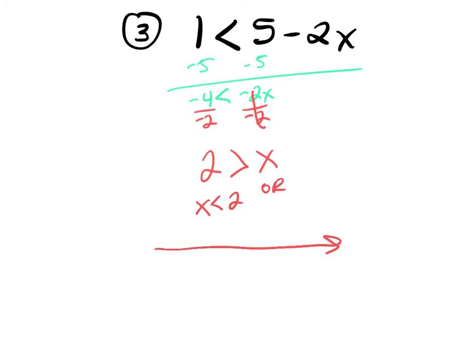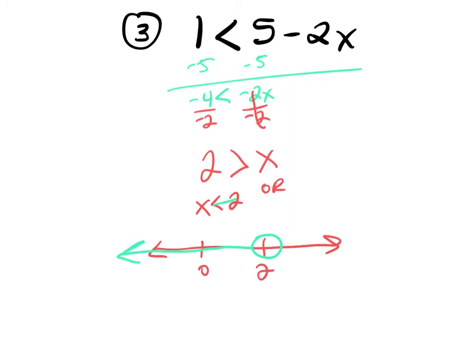But if I'm going to graph this, I'm at 0 and I have 2. What kind of a dot do I have at 2? Open. Good. And which way am I going to color? Think about it, you want all the numbers that are less than 2. So when we rewrite it, we're this way.